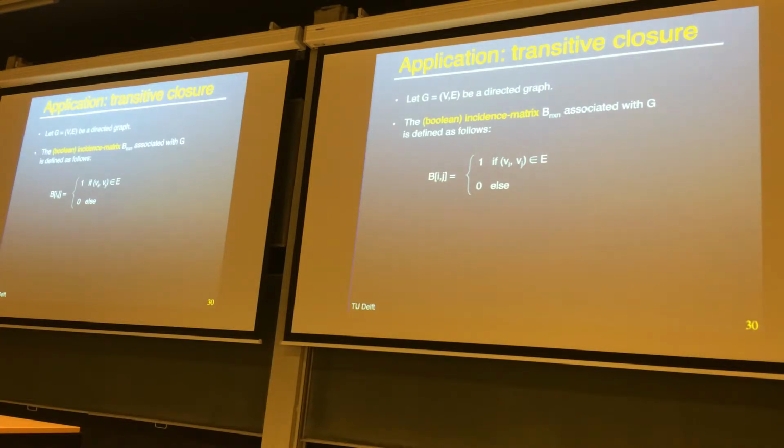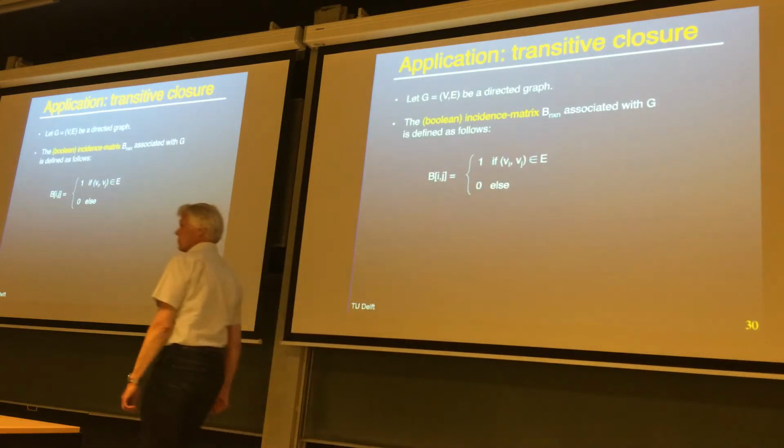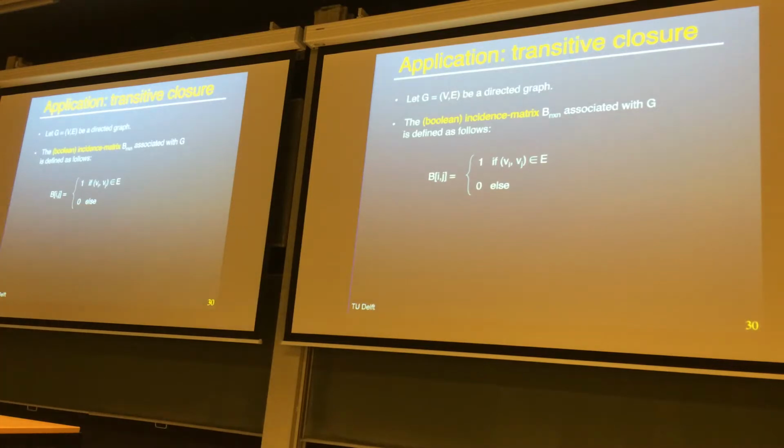So suppose that I start with node 1. I would like to know whether or not another node is reachable from that node in, well, at most n steps, or in general reachable by following some edges in the graph.